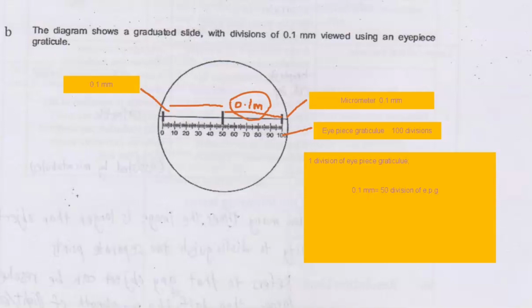If we look again here, from 0 to 10, then 20, 30, 40, and 50 in 0.1 mm of the micrometer. So if we want to find out one division, then we have to divide 0.1 by 50.